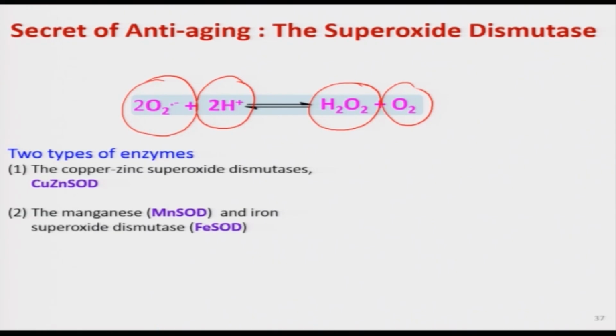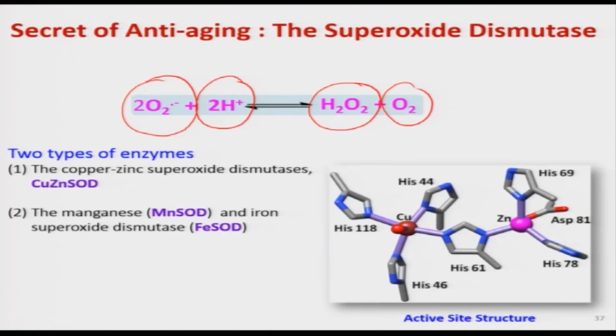There are two types of superoxide dismutase. One is the heterometal copper zinc superoxide dismutase, and another type is either manganese superoxide dismutase or iron superoxide dismutase, also known in biology. You can see the active site structure of copper zinc superoxide dismutase.